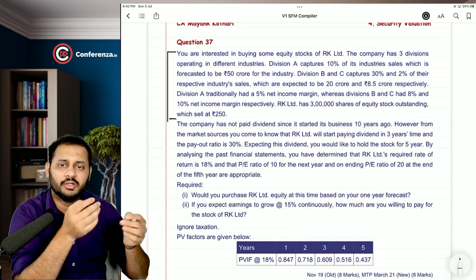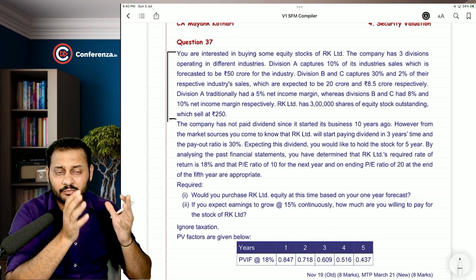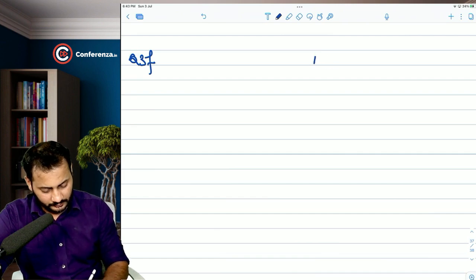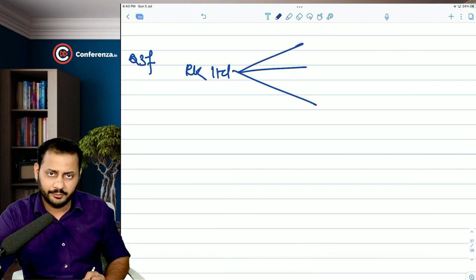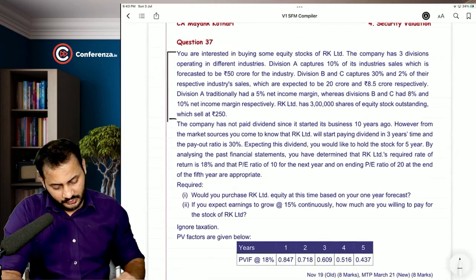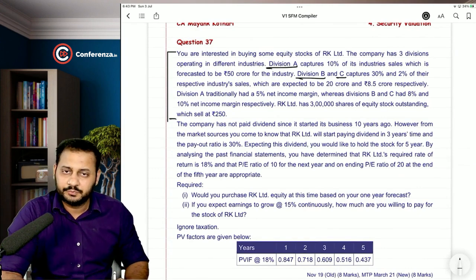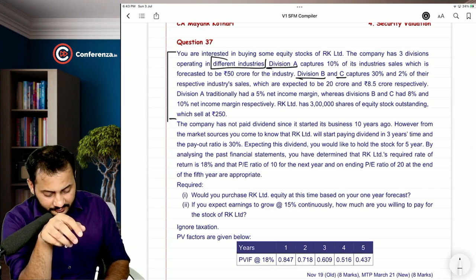We will do it. You are interested in buying some equity stocks of RK Limited. So there is a company called RK Limited. RK Limited has three different divisions: Division A, Division B, and Division C. And all the three divisions are in different industries.